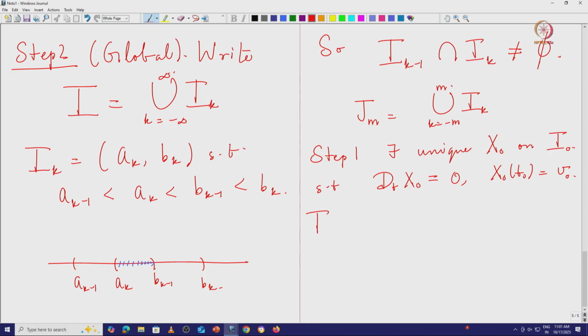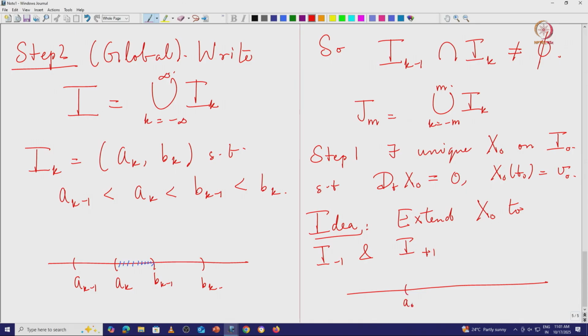So now the main idea is I want to extend x naught to the two neighboring intervals, to I minus 1 and I plus 1. Again the picture is something like this.